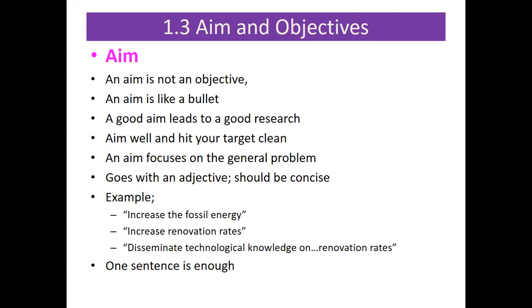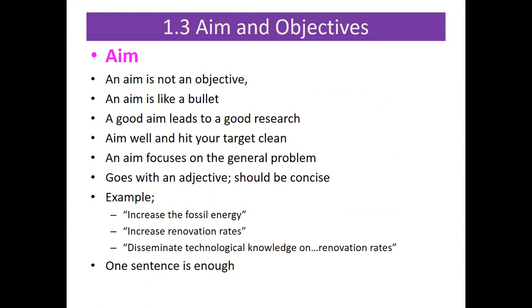It should be concise. One sentence usually is enough. You shouldn't have a long sentence whining and this and that. No. Remove every conjunction and it should be straight. If you have a conjunction, you may want to break that into two to make it two objectives, because every objective should aim at one thing, basically.